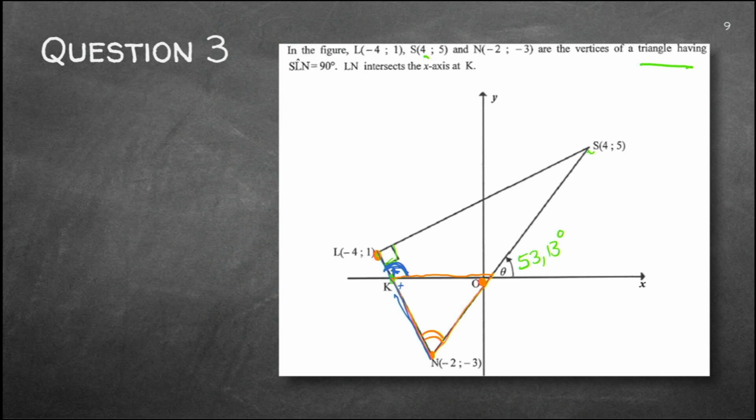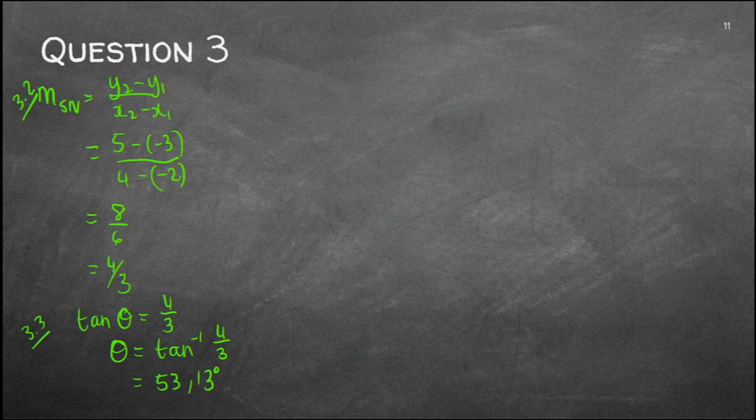So for 3.4, I'll first try to get the angle K1 that's on the outside of the triangle. But first things first, let's get the gradient of LN. So again, 1 minus 3, careful for your signs, right? And negative 4 minus 2, and you get a gradient of negative 2.